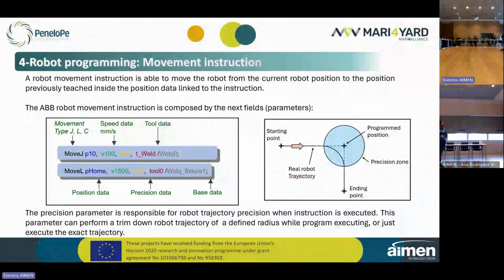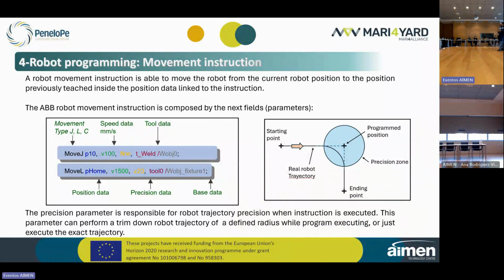In that case, this is a position data with the name P10 or P home. We could give a position data saved with the name we want, okay? And inside of this data, of course, we are going to have the coordinates of the position that the tool fitted to the robot has to reach.